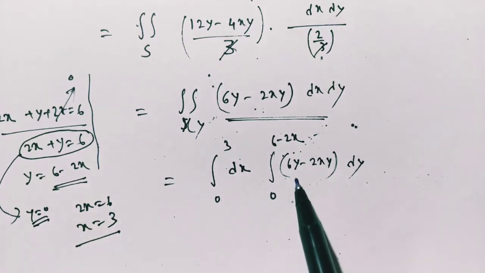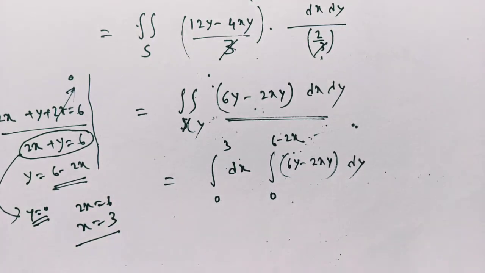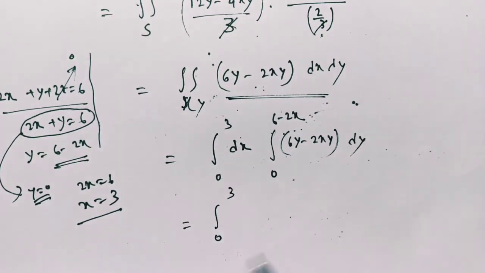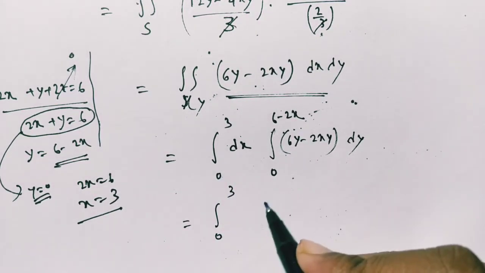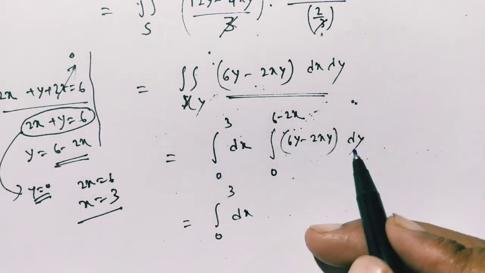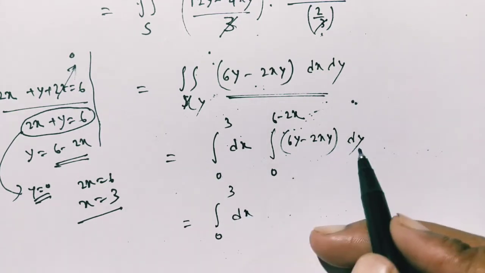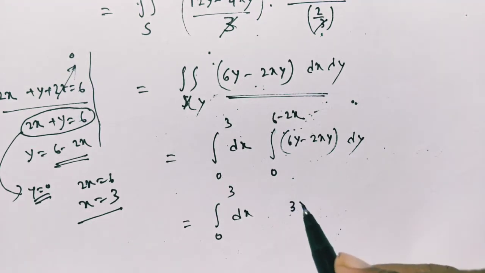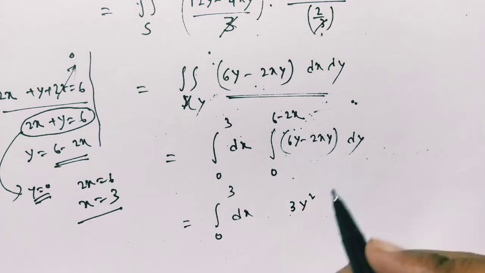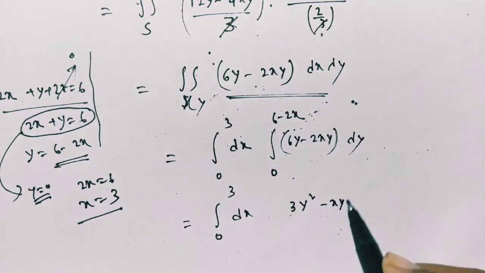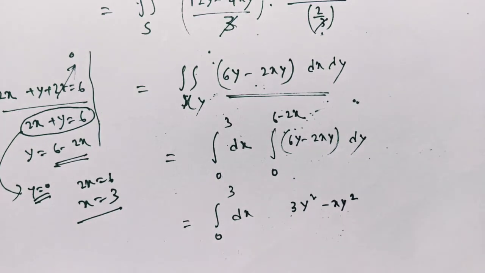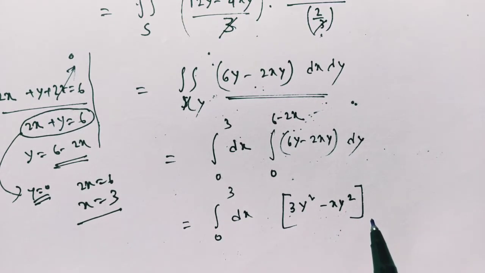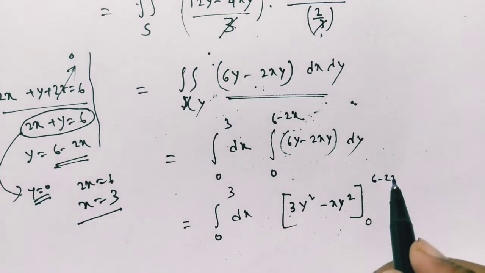Now if we do the integration over here, we get the integral from 0 to 3 of dx, and with respect to y, it will be 6y square by 2, that is 3y square, minus 2xy square by 2, that is minus xy square, with the limit from 0 to 6 minus 2x.